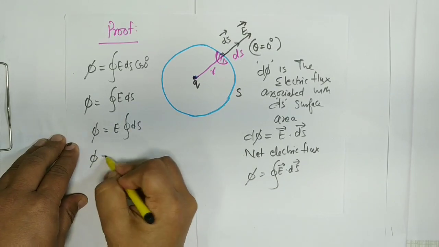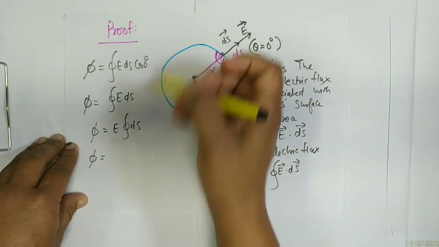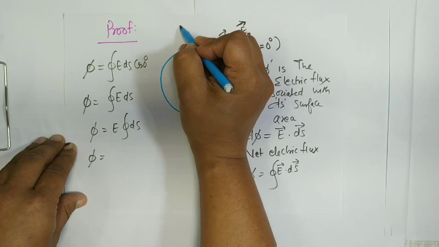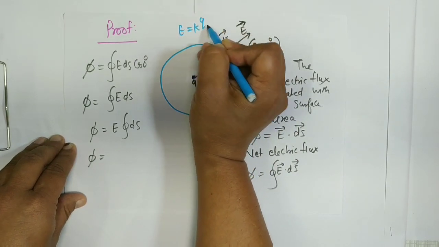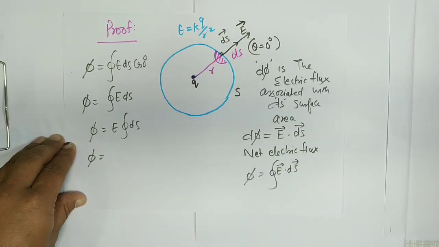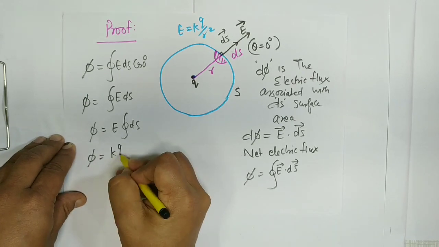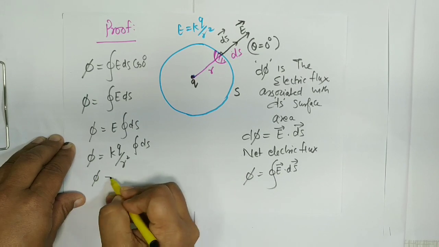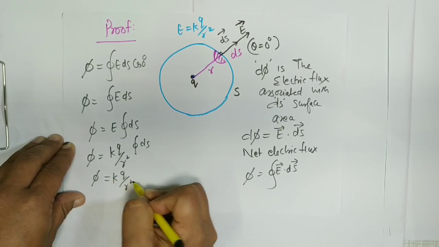And how many of you know what is the electric field due to a point charge? I think all of you know that it is kq by r square. So it is kq by r square times the integration of ds, and finally kq by r square. What is ds?